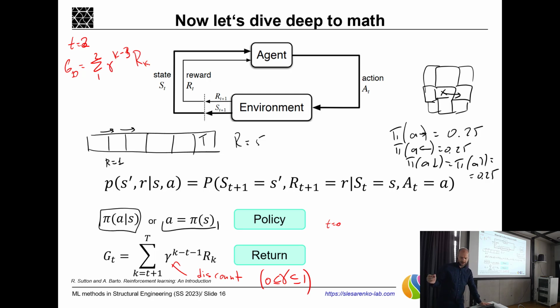So what we will actually have, I'm not sure if actually my math is correct here, t is 2, 2 minus 1, minus 3. Okay, so our G2, our return, would be something like that. I think in this case it's minus 2, right? No, it's there. So what does it mean?